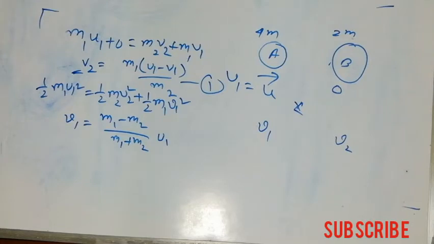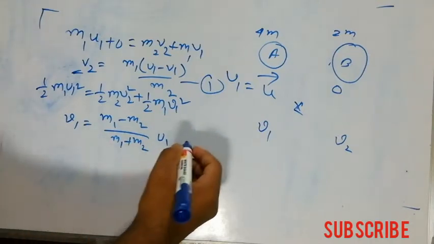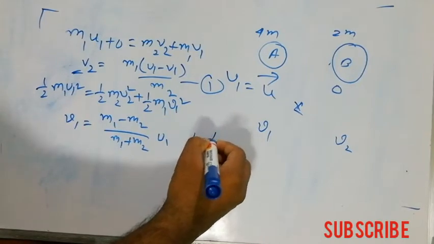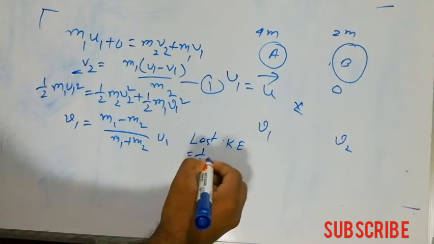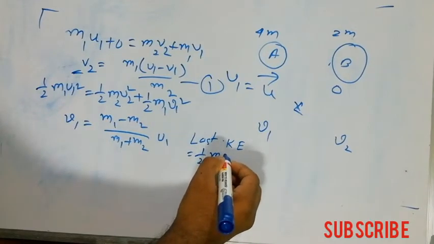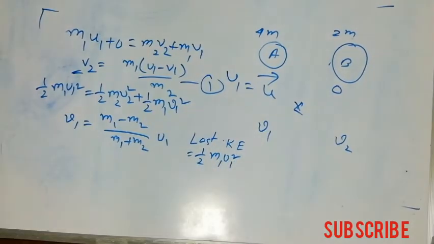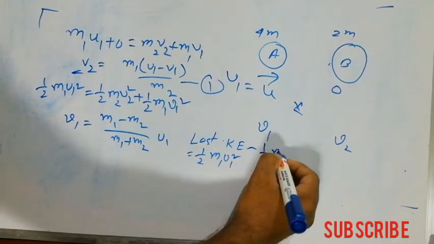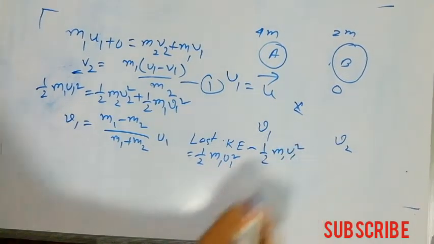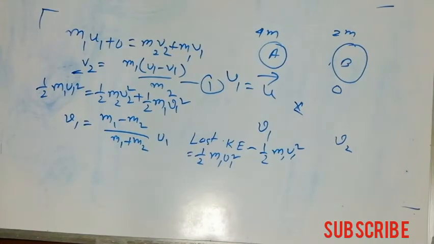Okay. So what is the loss in kinetic energy of the colliding body, that is of body A? So lost kinetic energy is equal to half m1 u1 square minus half m1 v1 square. So we have the value of v1 from here.